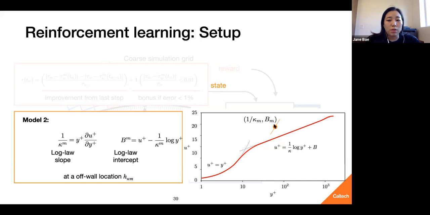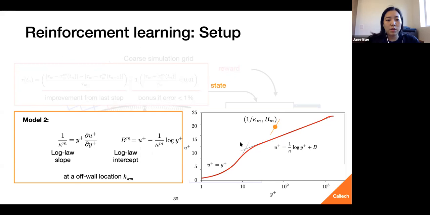So we can calculate what that slope is based on our wall normal gradient of the streamwise velocity and the distance to the wall. And again, we can do the same thing for the instantaneous log law intercept. So this is a more normalized way. Instead of just saying we know what the velocity and the wall normal location is, we're going to say we know what our instantaneous log law slope and log law intercept is. And we'll see the difference between the two models in a little bit.